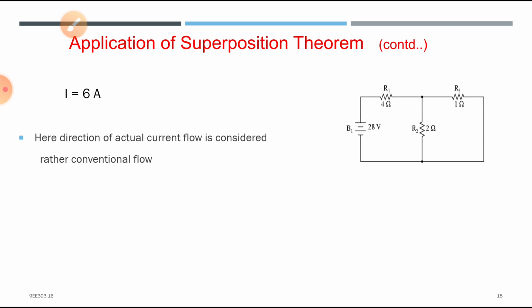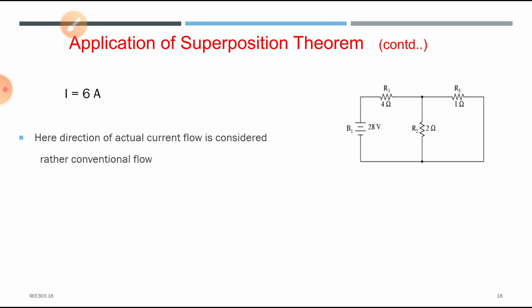We know there are two types of current directions, electronic direction and conventional direction. Here we arbitrarily assume the direction; whether it is correct or wrong, we will get the final value. Here we are assuming conventional current for easy understanding.